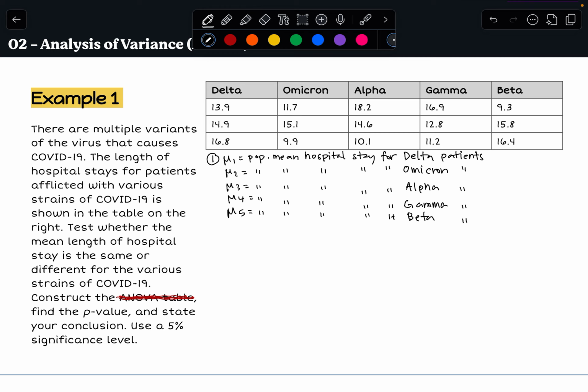I know for the state step I should also identify my hypotheses and identify my level of significance. So my null hypothesis is that the means are all equal.